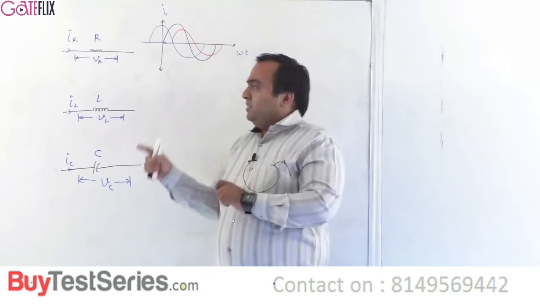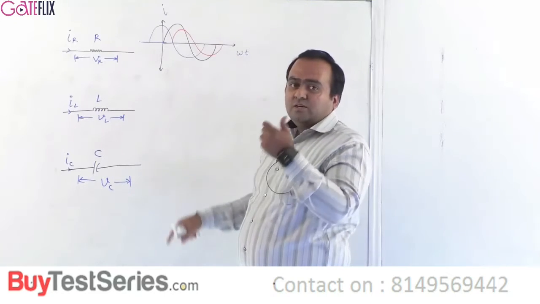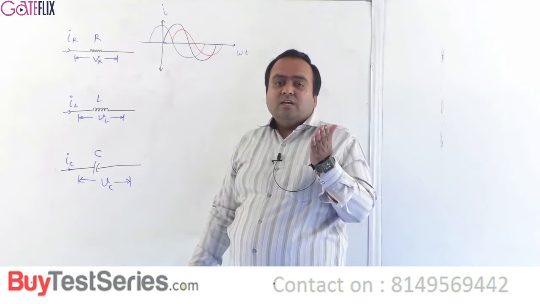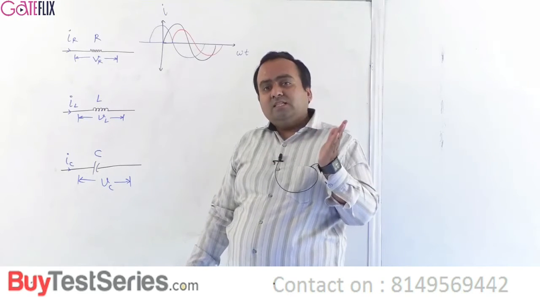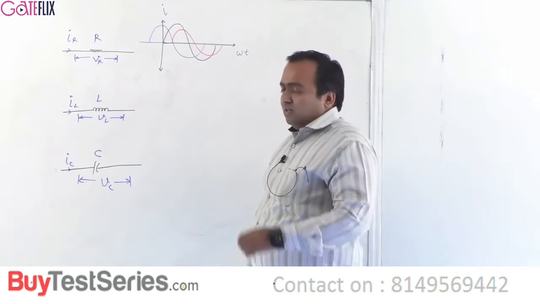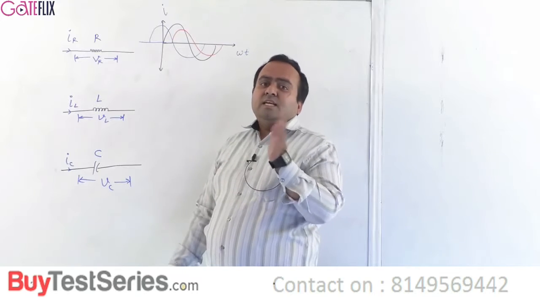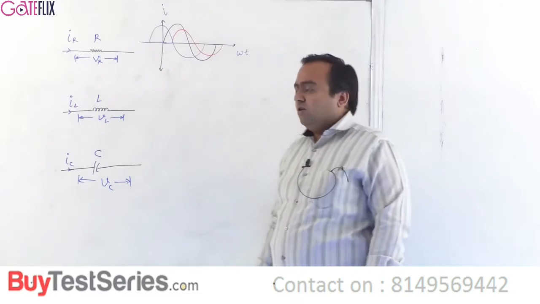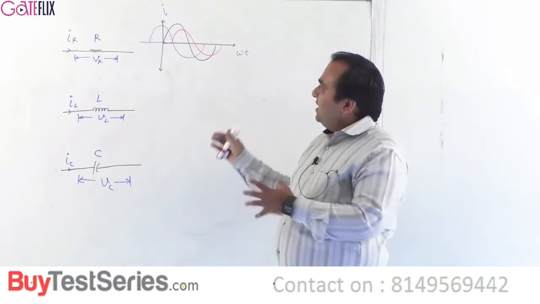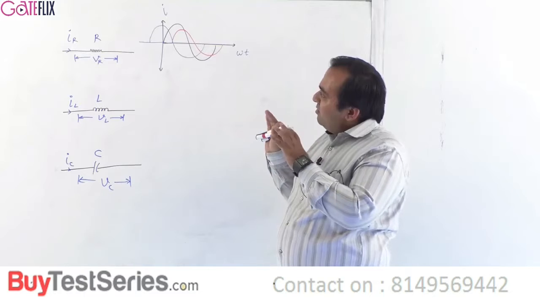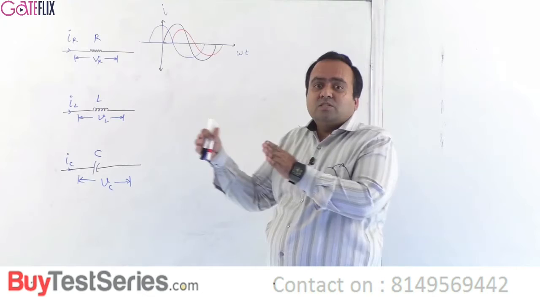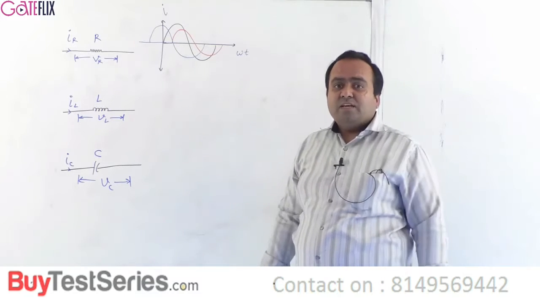So omega t, this is in radian per second, this is seconds, so in totality it is a radian. So radian is the angle that we measure in the anti-clockwise direction as positive, and if it is clockwise, then it is negative. We shall also see why it is positive in the anti-clockwise direction and negative in the clockwise direction. Now when you see this, there are 3 phasors, but it is very difficult to comprehend who is lagging by what angle with respect to a phasor and who is leading by what angle with respect to another phasor.